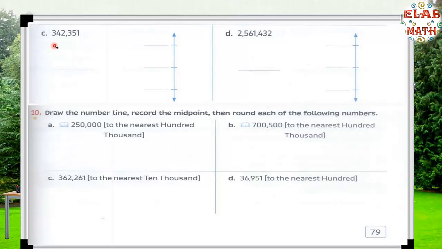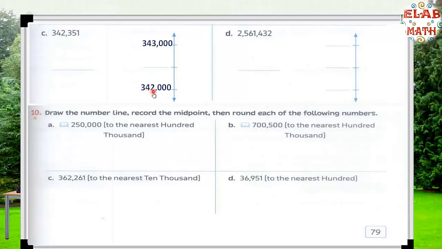Next number, we have 342,351. You should write what here in C. We have a number line, and we will write down what we write here. We write this number down, 342,000 without digits here.